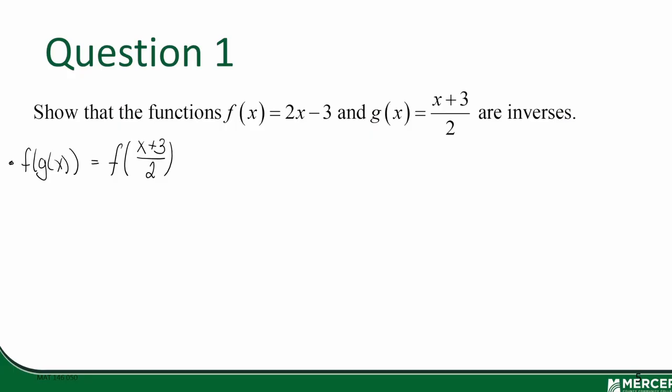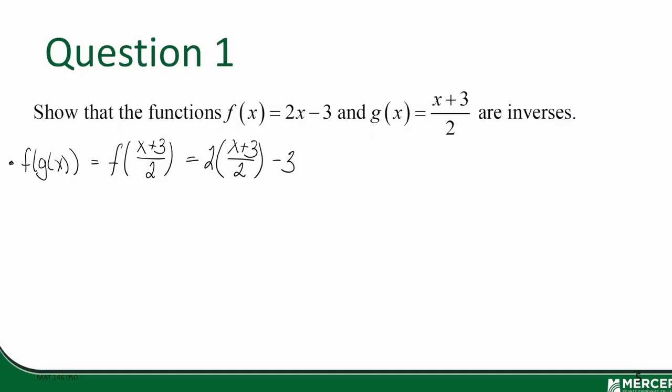It means that f of g is f of x plus 3 all over 2. Replace x plus 3 over 2 in x in the definition of f, right? So every x in f, replace with x plus 3 over 2.